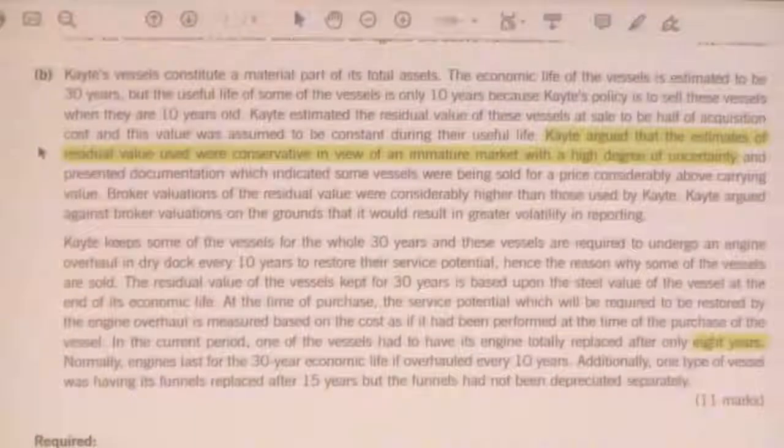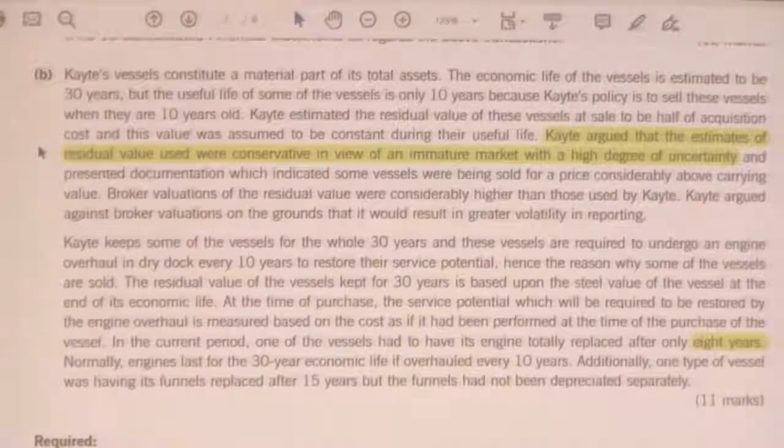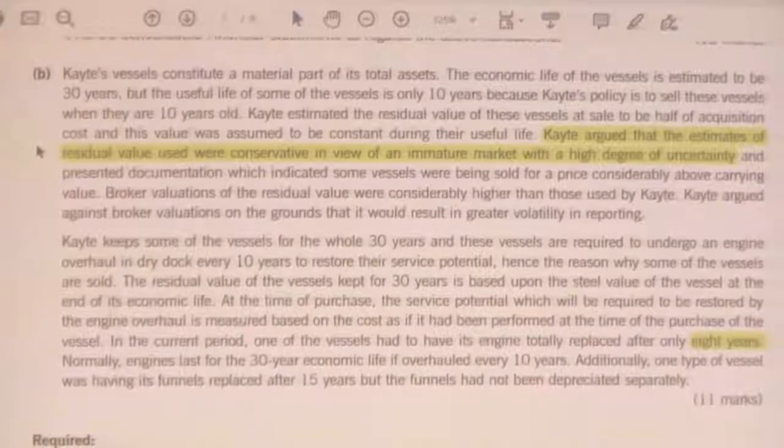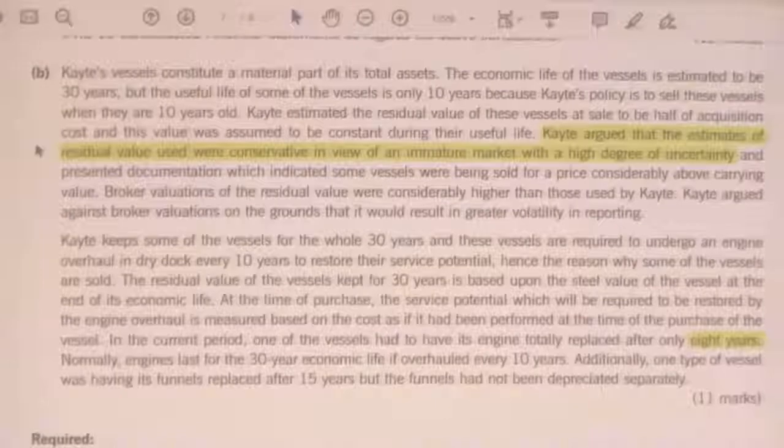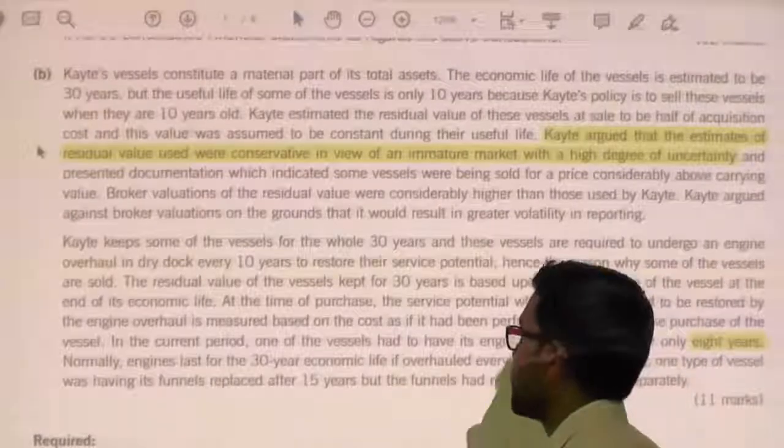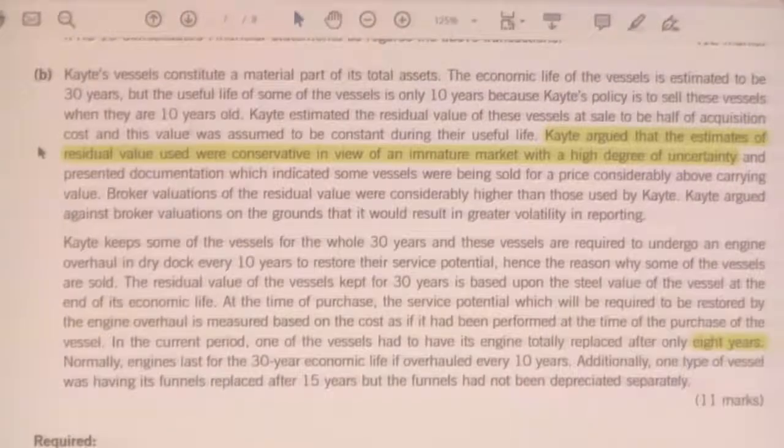Major inspection or repair, you can capitalize both. In dry dock, every 10 years, to restore their service potential. This is a major inspection every 10 years to restore their service potential. Hence the reason why some of these vessels are sold.